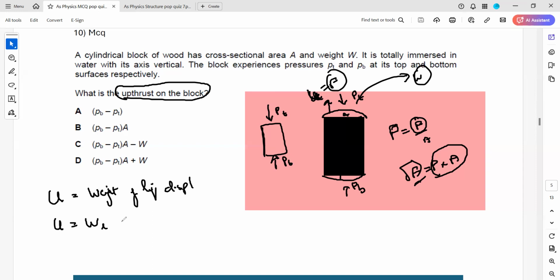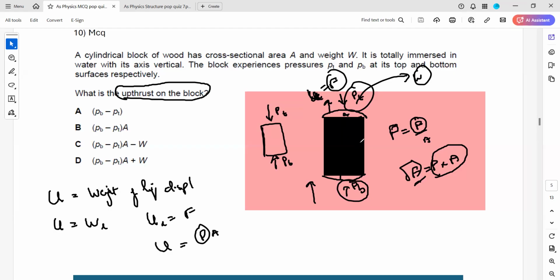So upthrust is equal to the weight of the liquid displaced, or we can also say the upthrust is equal to the upward force the object experiences. And the force can be written in terms of pressure times area. So what is the pressure here? The object is experiencing a pressure from the bottom and a pressure from the top.